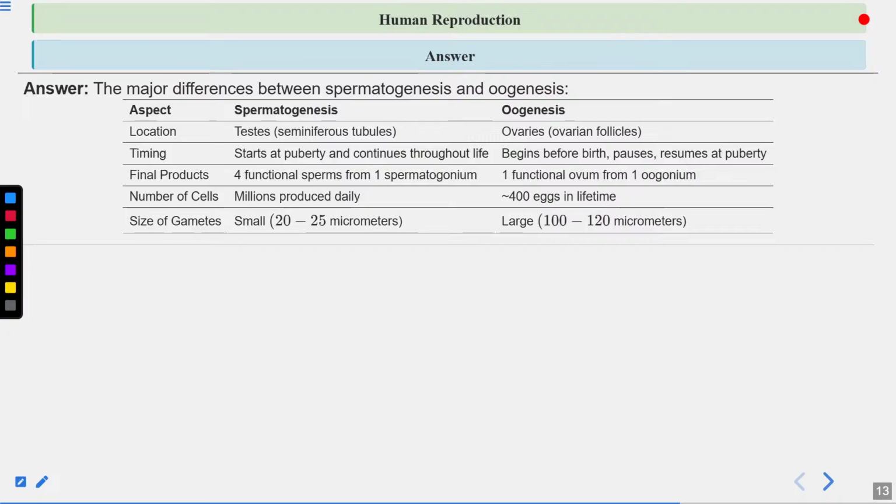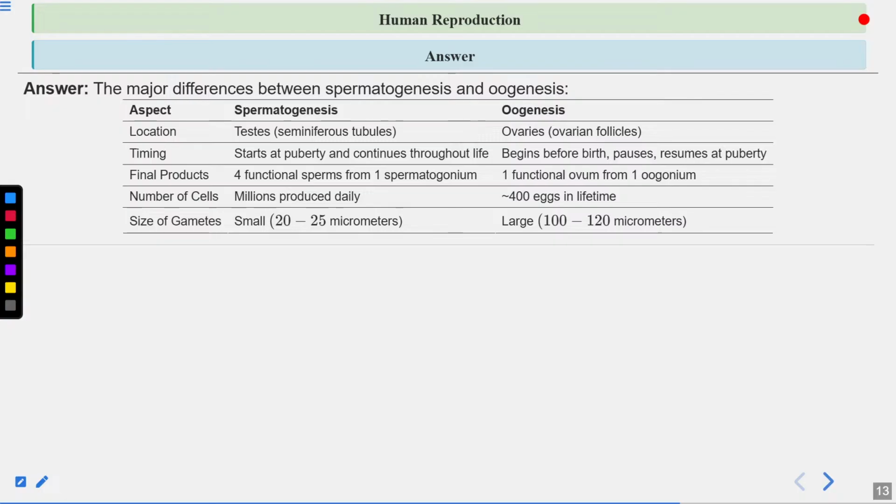So here you can see spermatogenesis occurs in the testes, and within the testes sperm formation takes place in the seminiferous tubules. The inner side of the seminiferous tubule consists of spermatogonia as well as the Sertoli cells.